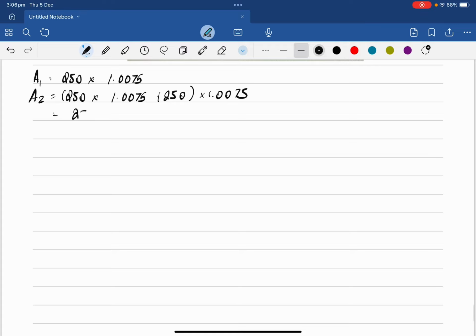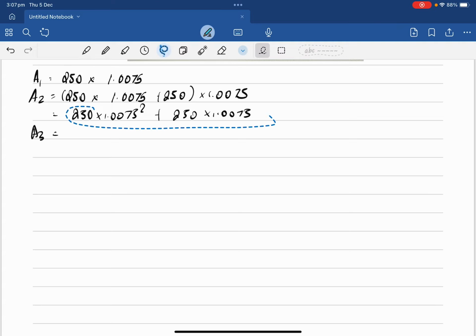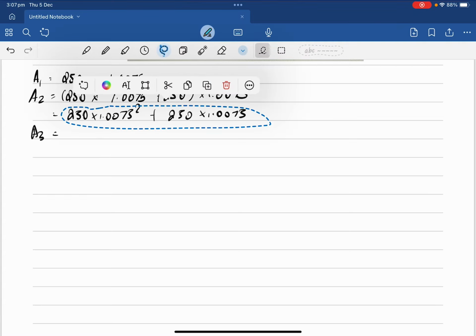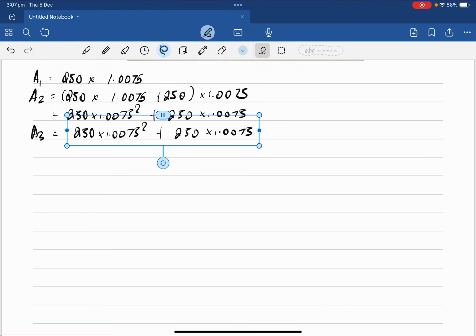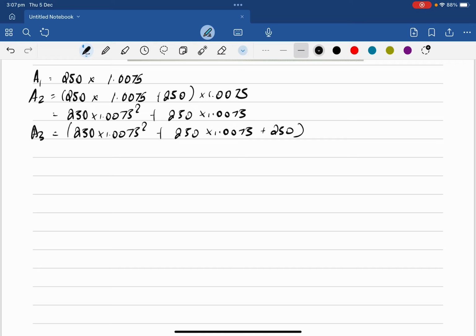It becomes 250 times 1.0075 squared plus 250 times 1.0075, and A3: this amount plus another 250 times the interest.